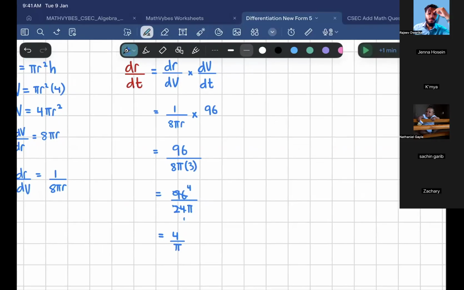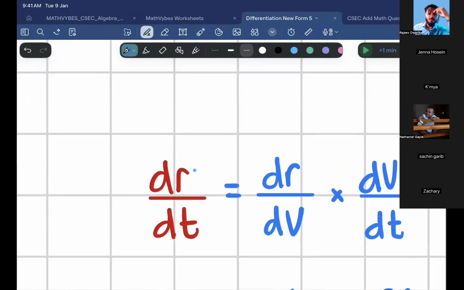That wouldn't be the units for dR/dt. Oh, sorry, centimeters cubed. No. What would we measure radius in? Here's a way to think about it. Is radius one dimension, two dimensions, or three dimensions?